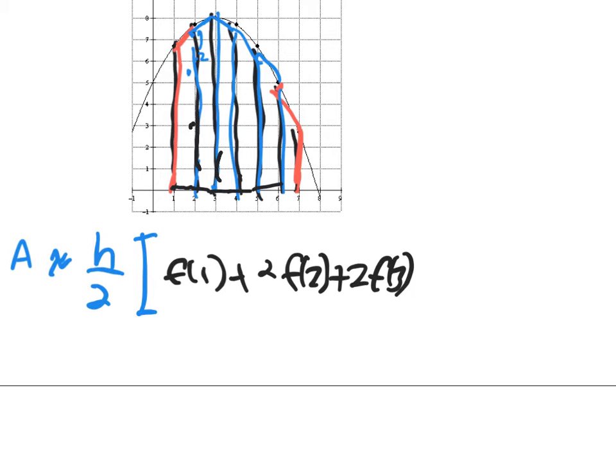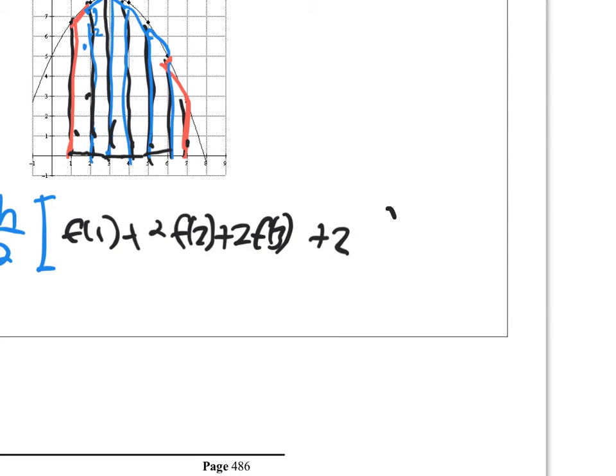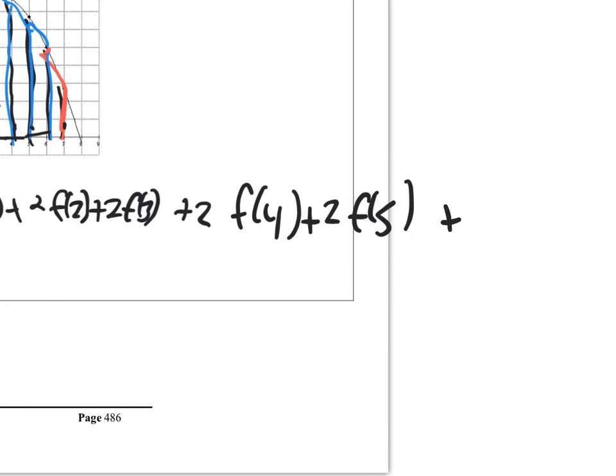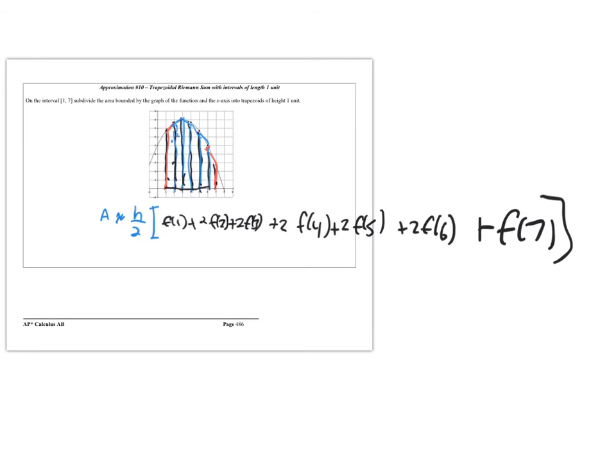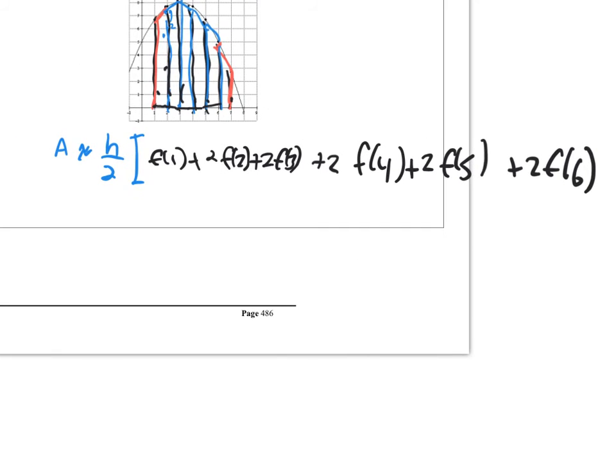They're all sharing a side except for the last one and the first one. 2 f of 4s, 2 f of 5s, 2 f of 6s, and only 1 f of 7. So maybe it's not as bad as you thought. This one is pretty lengthy, but it's all simplified, nice and pretty.